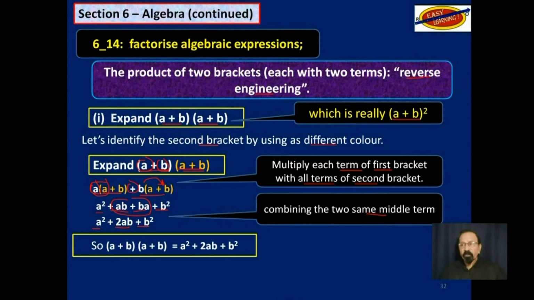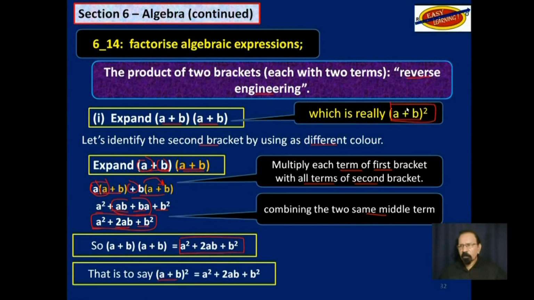So what we are really trying to get at is if you are given this term, a squared plus 2ab plus b squared, you need to recognize that as (a plus b) squared. So (a plus b) squared is equal to a squared plus 2ab plus b squared.